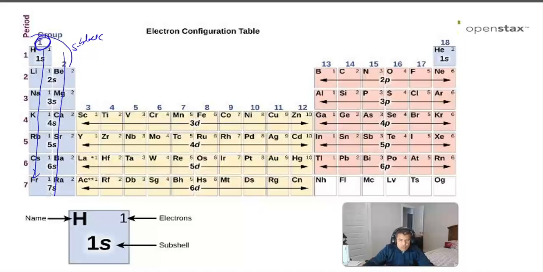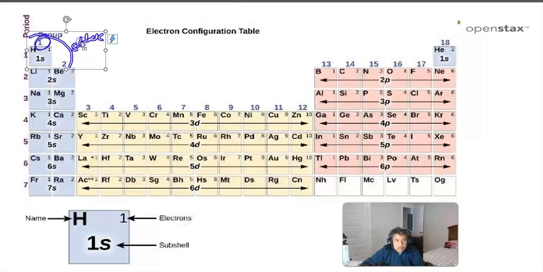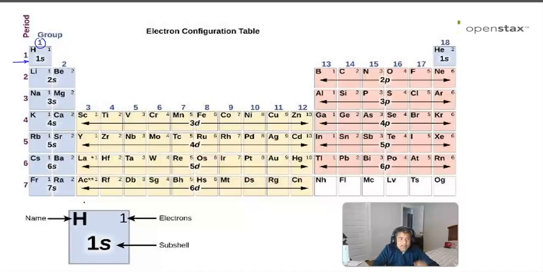Sorry, these guys are also s. Okay, let me see again. Okay, guys, no, that's not correct. Look at that. These guys are s, but this is 1s, and that will be 2s, this will be 3s.